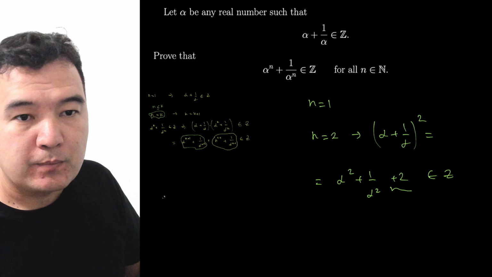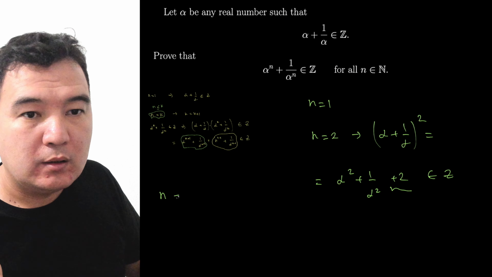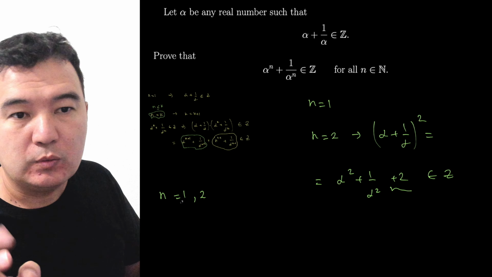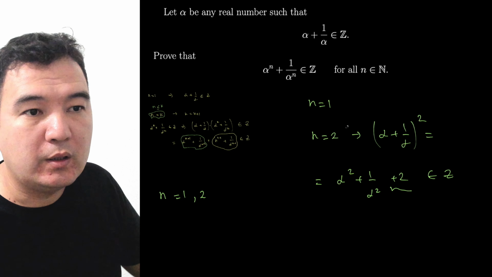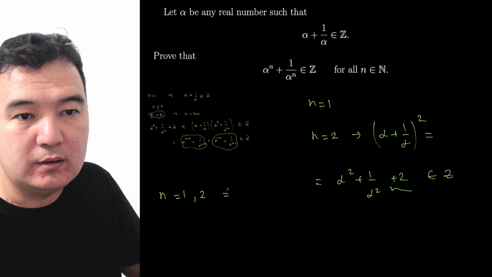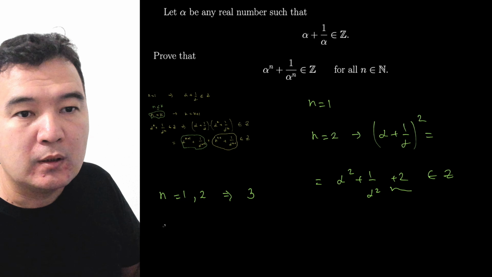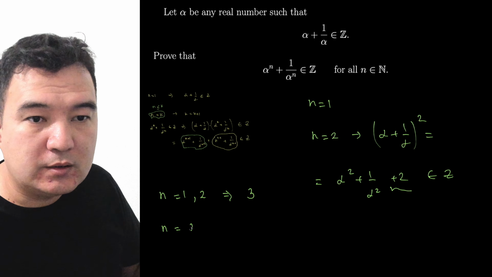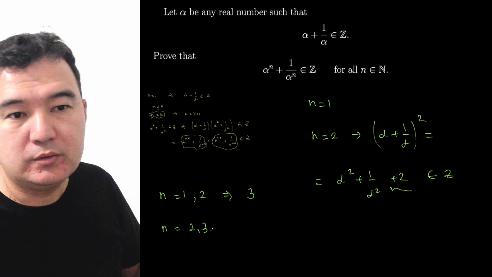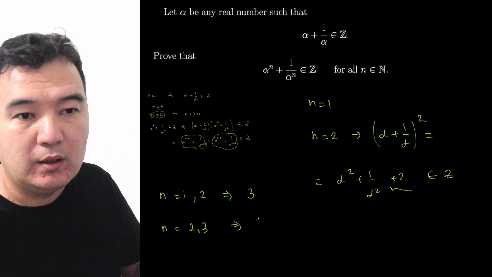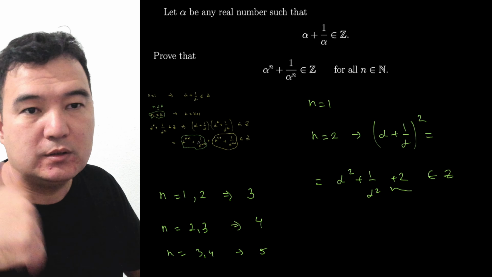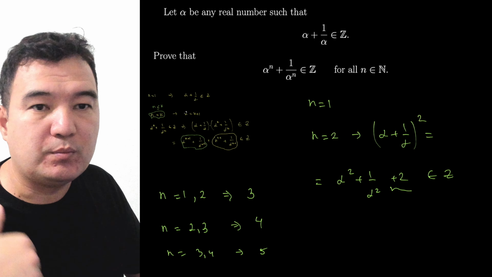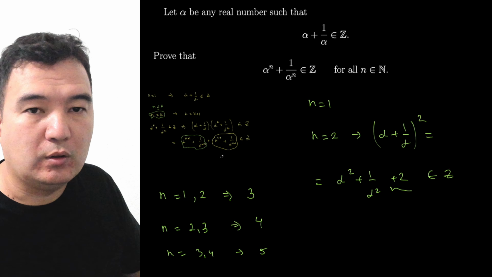So basically the statement is correct for n equal to 1 and 2, and using these two, you can multiply alpha square and just alpha and get the expression for n equal to 3. Then since you have n equal to 2 and n equal to 3 correct, using these two you can prove n equal to 4. And using 3 and 4 you prove 5 and so on. So the rest is the step of the induction and it's correct for all n.